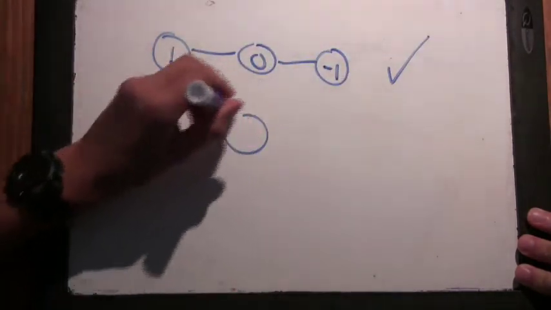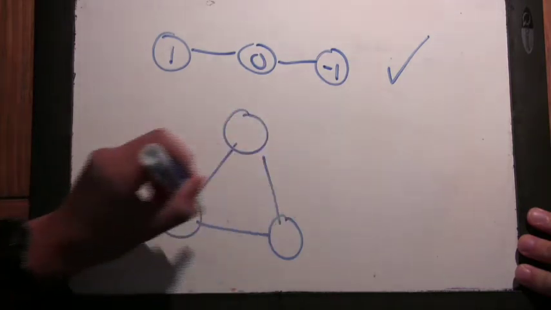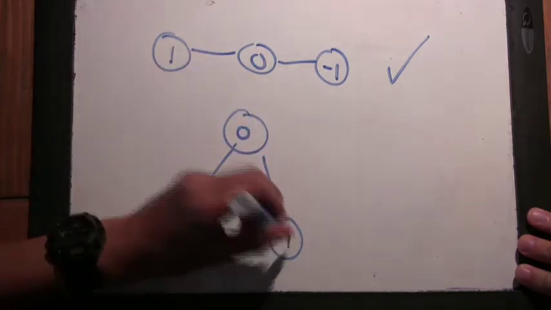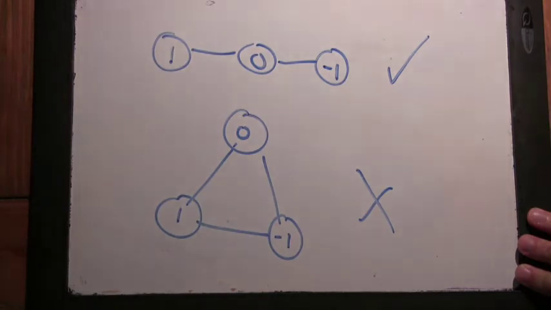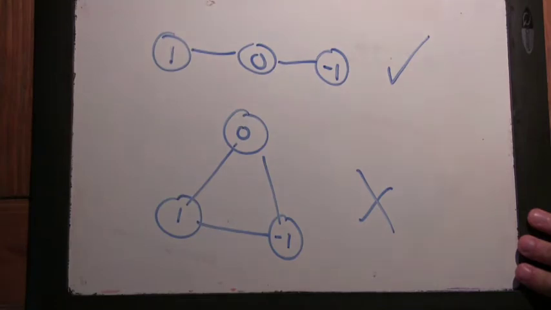And then they had one like this, where it went 1, 0, -1, and this is not solvable. Okay. And what's interesting about this? Well, you've got the same number of points, but you can't solve this.